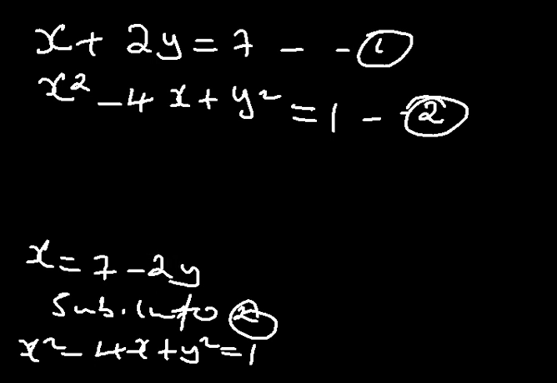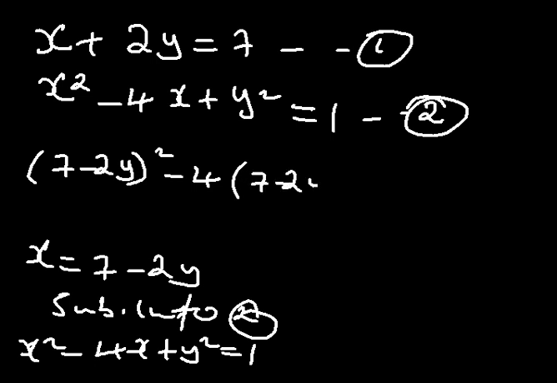So we have (7 minus 2y) squared minus 4 times (7 minus 2y) plus y squared, which is equal to 1.